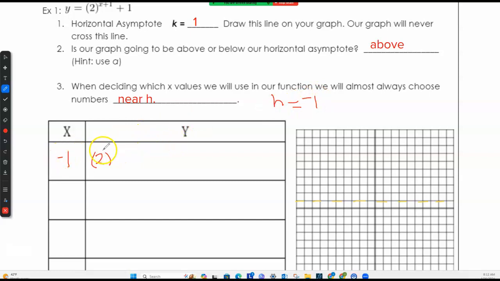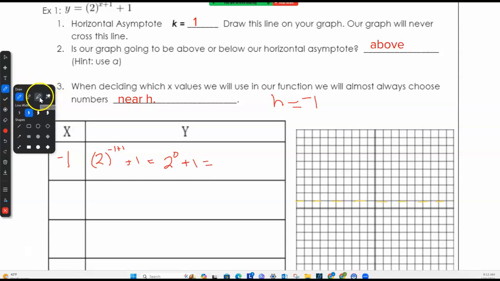All right. So 2 to the negative 1 plus 1, and then another plus 1. So that leaves us with negative 1 plus 1 is 0. So 2 to the 0 plus 1. And then we have to go back to our rule about anything with a 0 power.